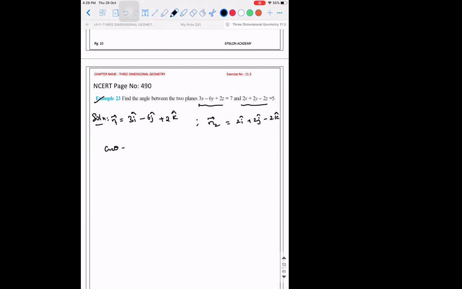So what is cos theta? n1 vector dot n2 vector divided by magnitude of n1 vector into magnitude of n2 vector. So that will be 6 minus 12 plus 4, the whole divided by square root of 49 into square root of 4 plus 4 plus 4, 12. So this will be how much? 10 minus 2 divided by 7 into 2 root 3.